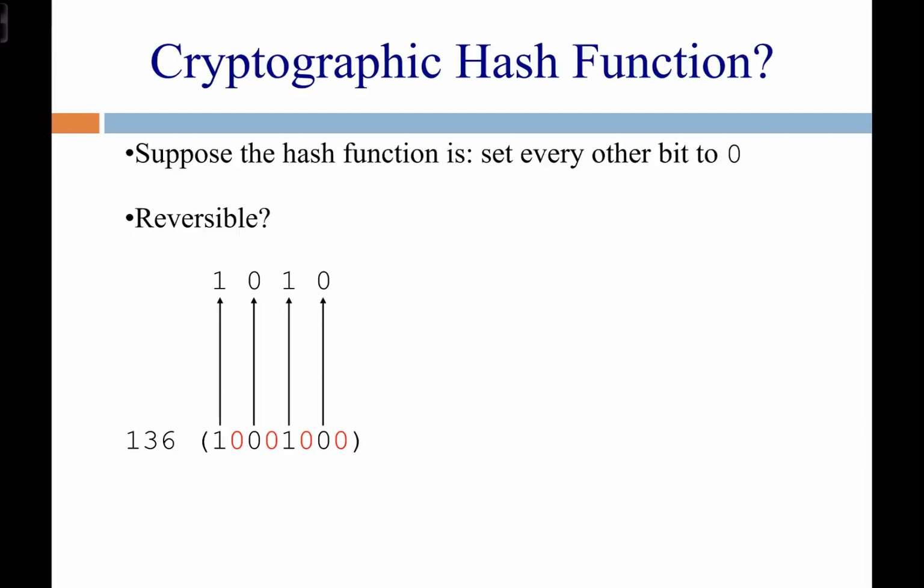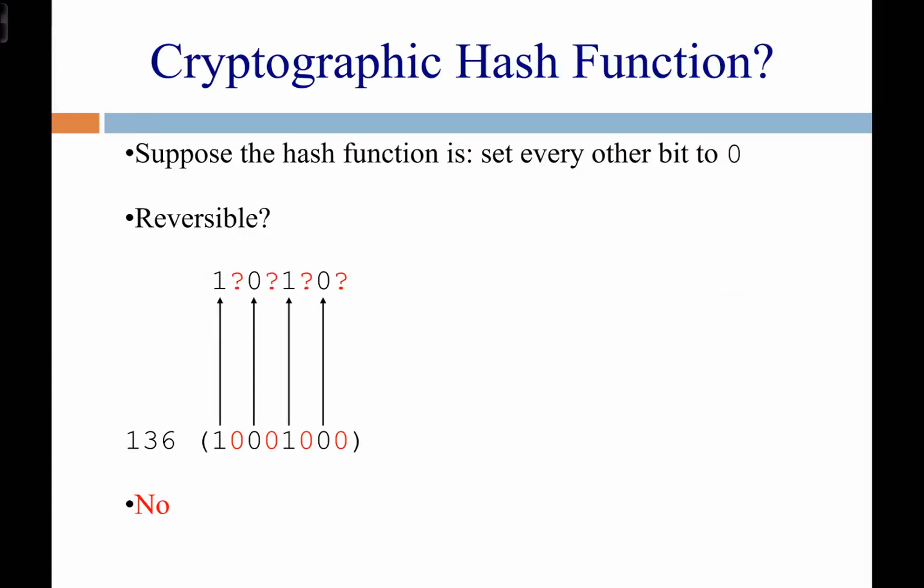Okay, but I don't actually know what is in all of those other bits, because just because I have zeros down here in the hash doesn't mean that the original password had zeros, because that's what this hash function does: it just turns every other bit into 0, regardless of whether it was a 1 or a 0. So no, it is not reversible.